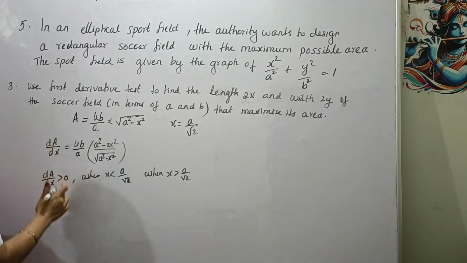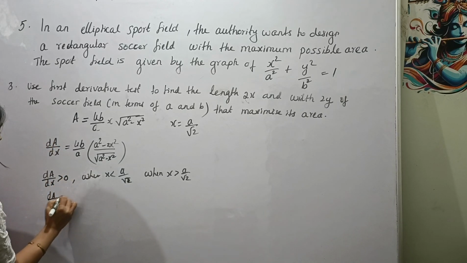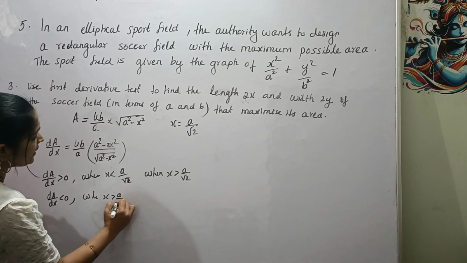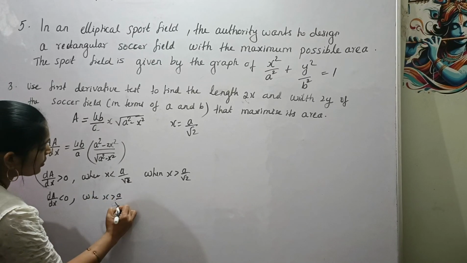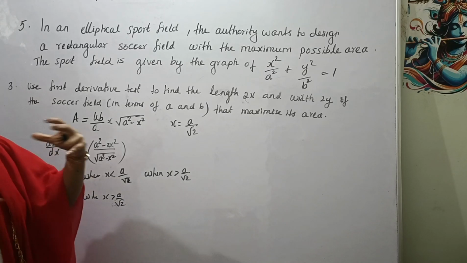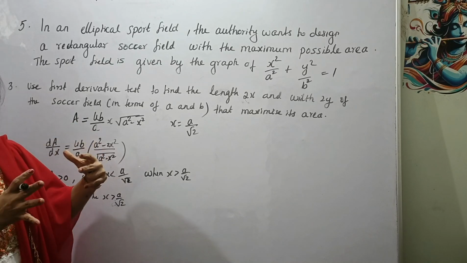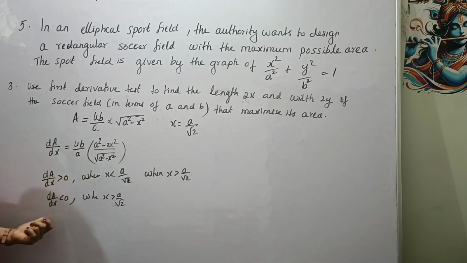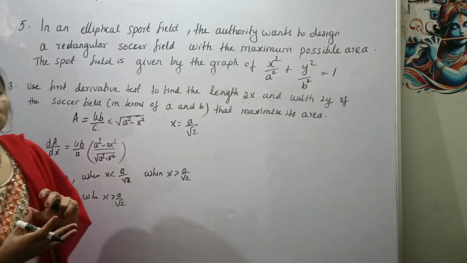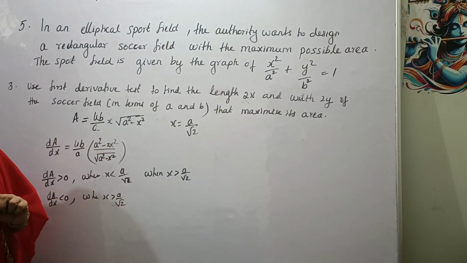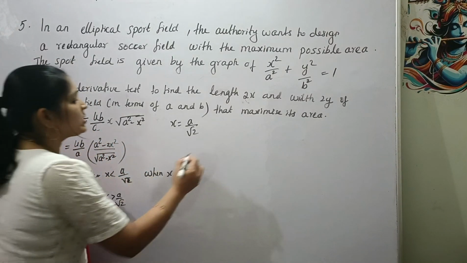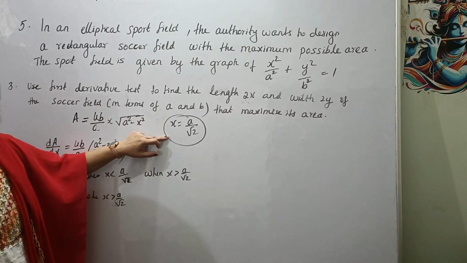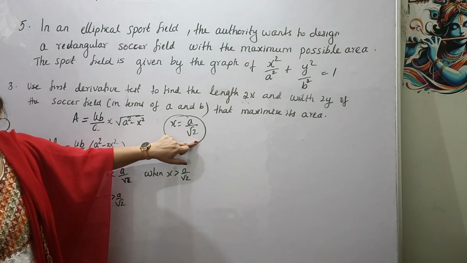That means dA by dx is less than 0 when x is greater than a by root 2, close to a by root 2. So according to the first derivative test, there is a local maximum at x is equal to a by root 2. Therefore the area is maximum when x is equal to a by root 2.